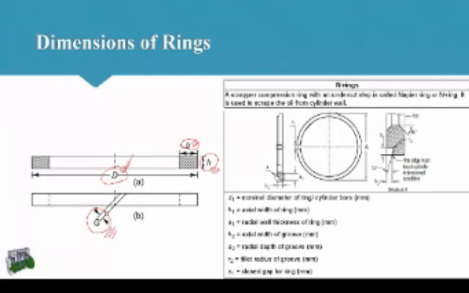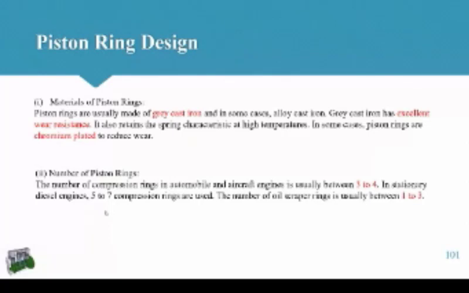When you are selecting the material for the piston ring, as we have seen in the previous table, it is basically gray cast iron. Okay, you have also seen there is alloy cast iron with carbide and spheroidal cast iron, etc. They should have excellent wear resistance, and they should also have some springing action.